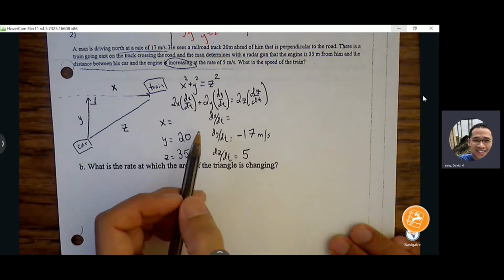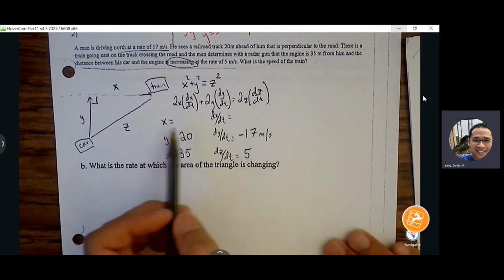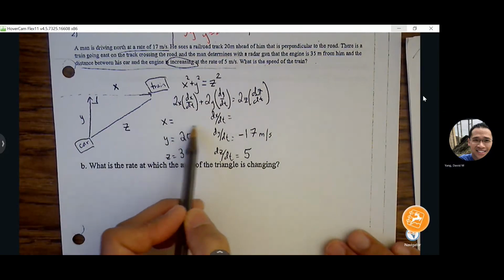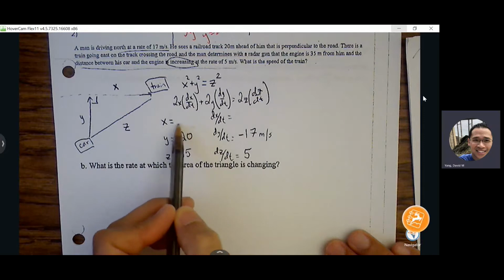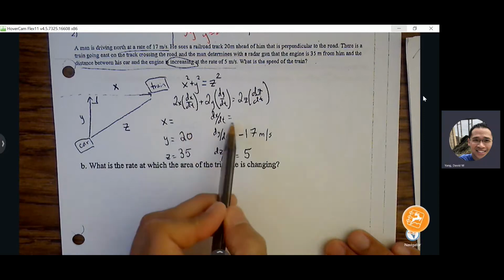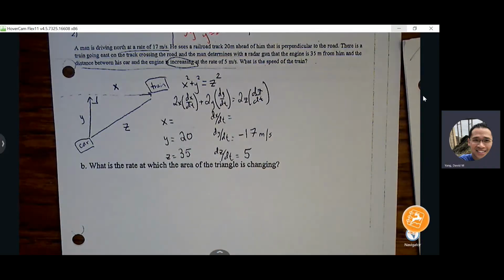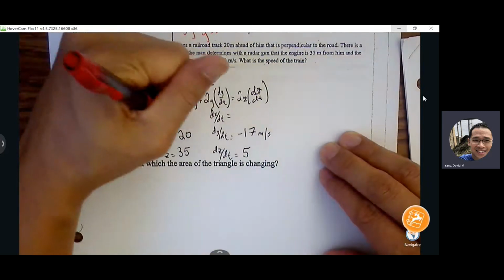Okay, we have two variables remaining. How can I find x? Yeah, Pythagorean theorem. That will give us the ability to solve for dx/dt then.